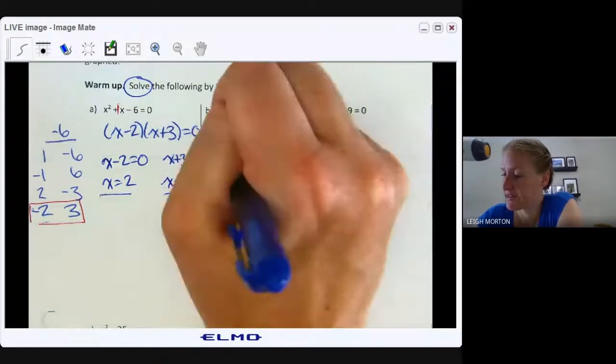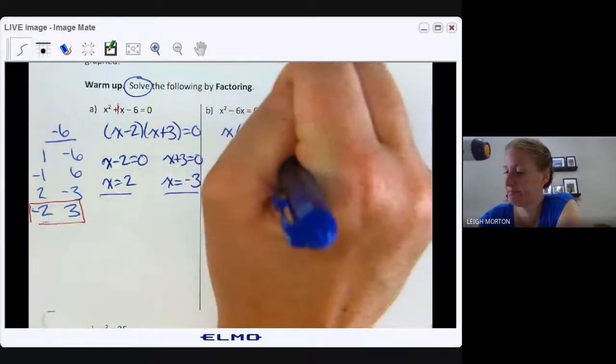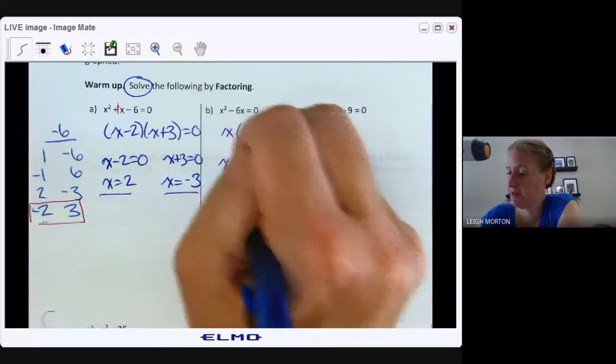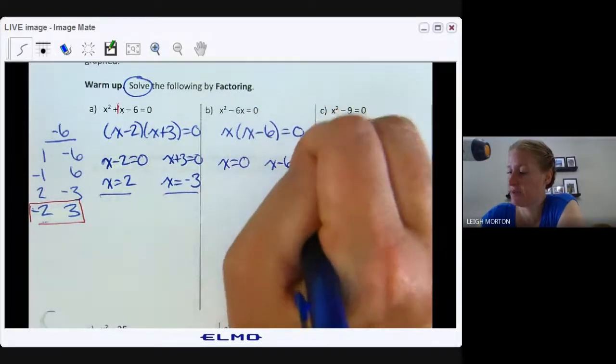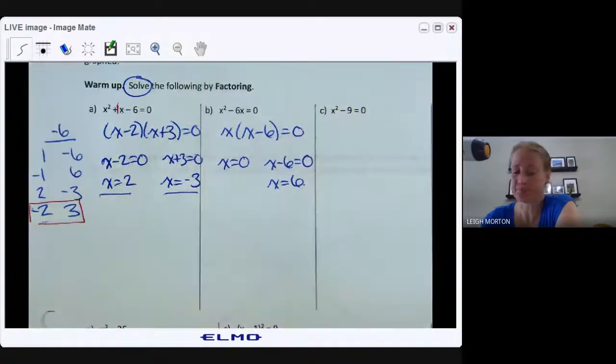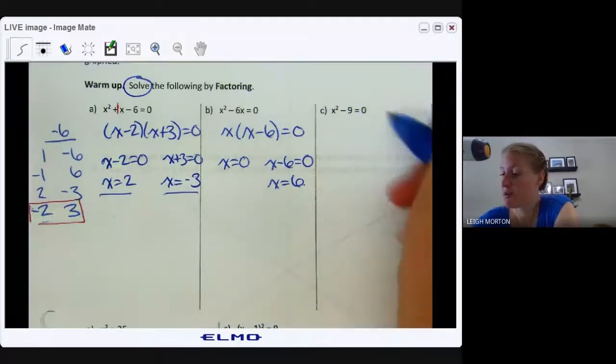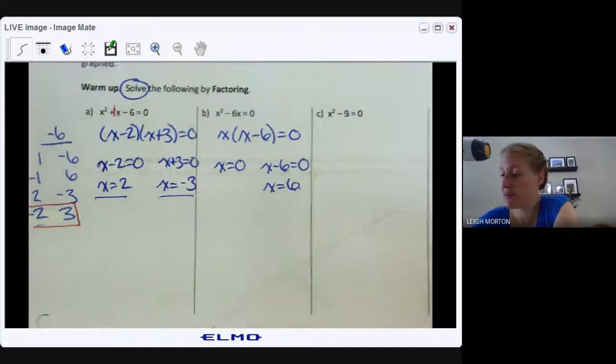For B, I'm going to factor out my greatest common factor, and I'm done. So x equals 0, or x minus 6 equals 0, so x equals +6. I'm going to go through these quickly because it is review and I want to focus on the next stuff, but I want the answers on here in case you need them. So x squared minus 9, there is no greatest common factor.